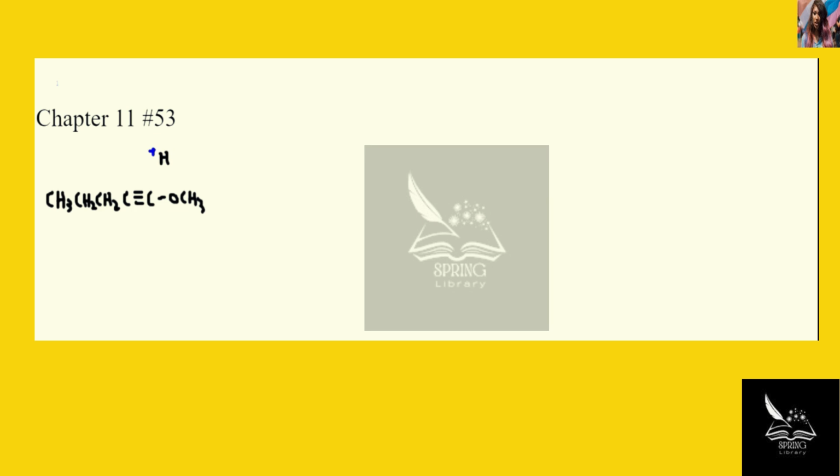And so let's jump right into the stepwise mechanism. This is an acid catalyzed hydration, and so the first step is going to involve the acid. The alkyne, the electrons of one of the bonds of the triple bond will pick up a proton from the acid and become protonated, and that will get us to this product.